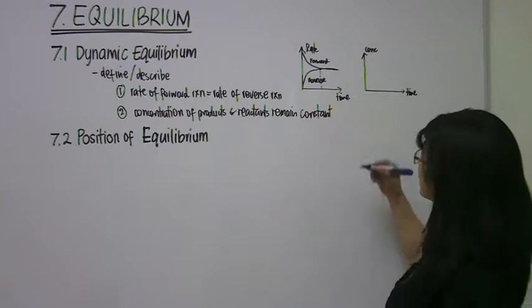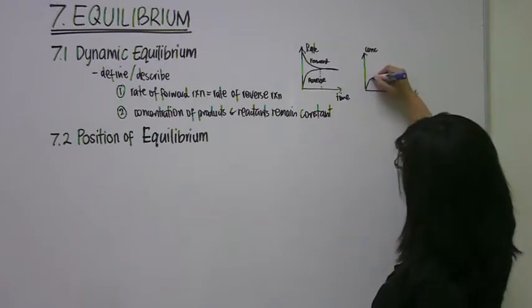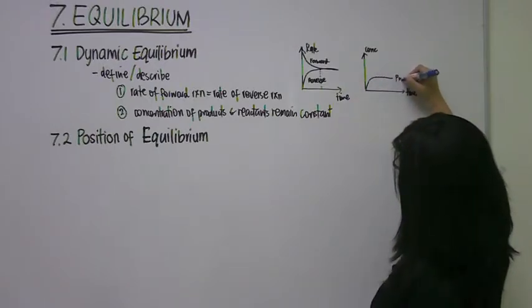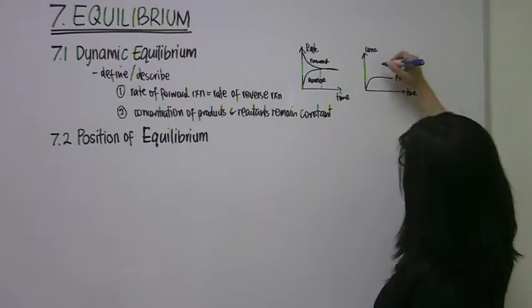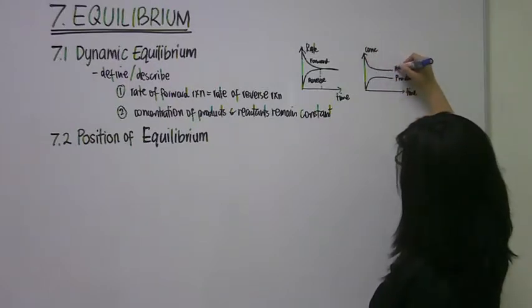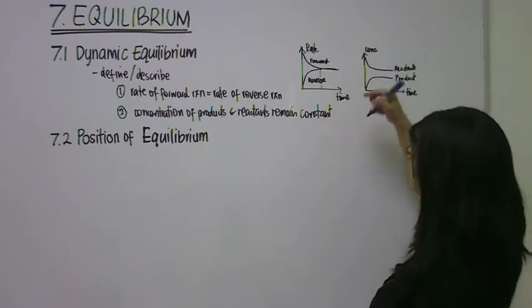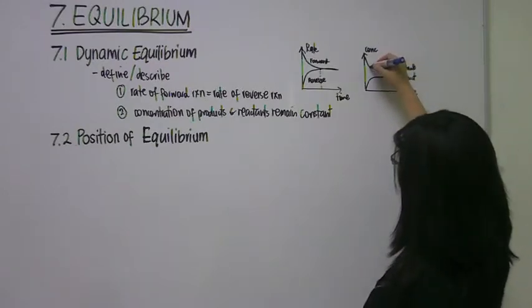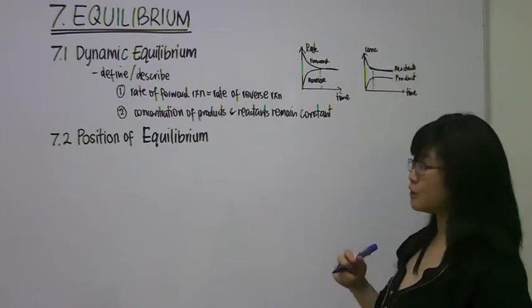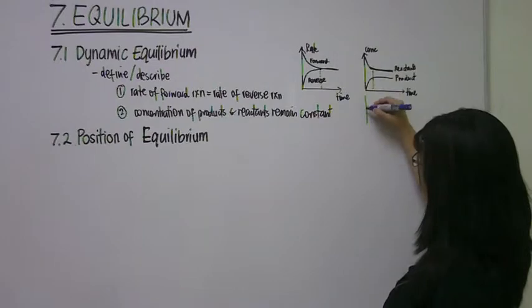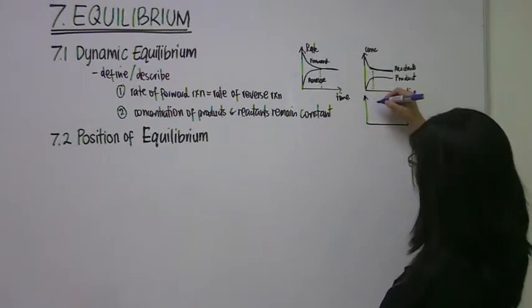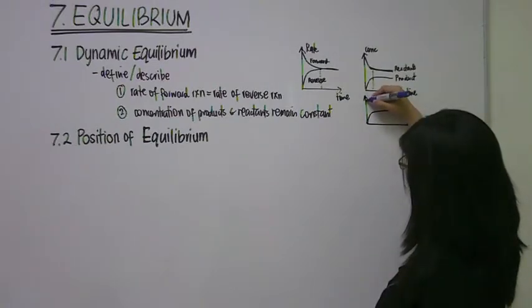Okay, if this is your product and this is your reactant, okay, the graph can look like that. So when the line becomes horizontal, you know that equilibrium has been achieved, okay? But for this, they can also be the same.